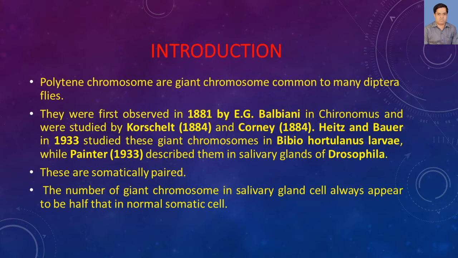As all of you know, polytene chromosomes are giant chromosomes which are very common in some dipteran flies such as Drosophila. They were first observed in the year 1881 by E.G. Balbiani in Chironomus and were studied by Koschelt in 1884 and Corney in 1884.